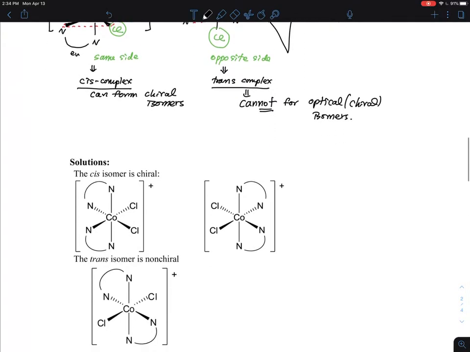This is the answer from the textbook, the generic answer key: the trans isomer is non-chiral, whereas the cis isomers form chiral pairs. So these are what is called the chiral pair.